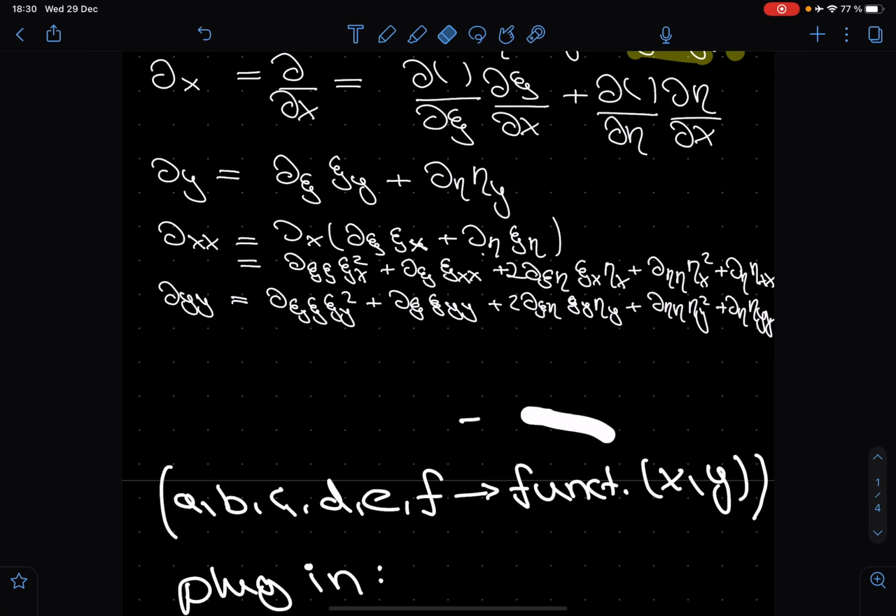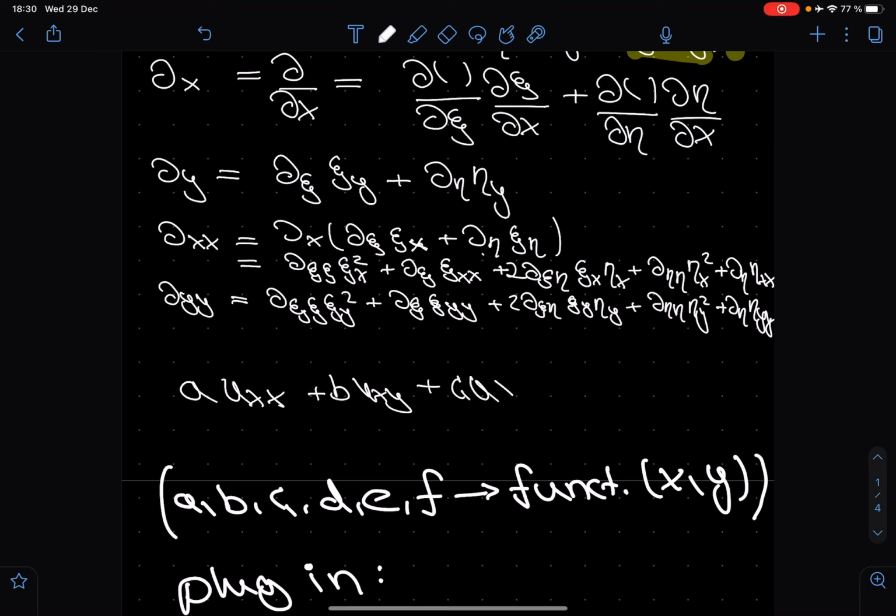We have our function a u_xx plus b u_xy plus c u_yy equals first order stuff.